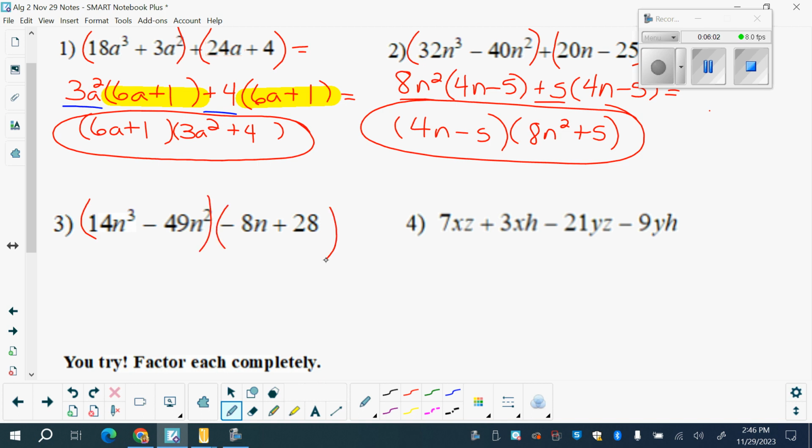This time, since this is a minus, I'm putting the parentheses in front of that minus. What's my greatest common factor in the first two? 7n squared. 2n minus 7. What's my greatest common factor here?